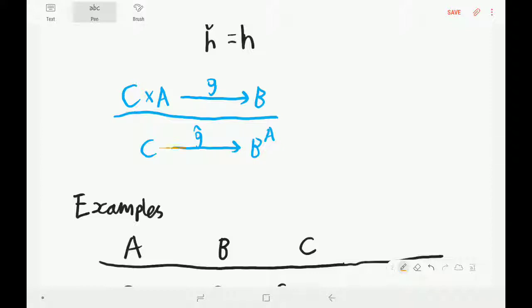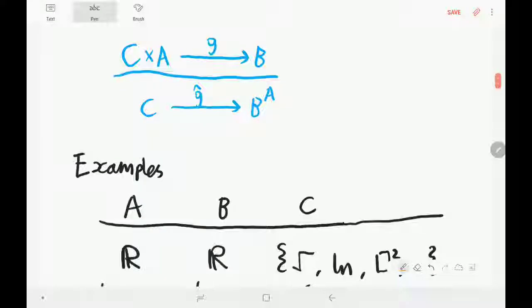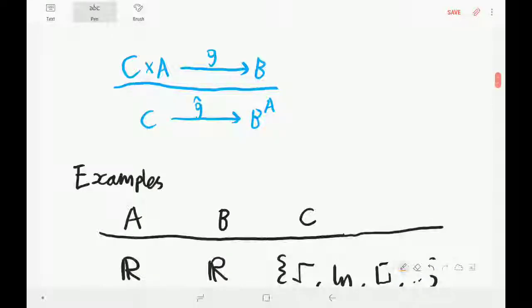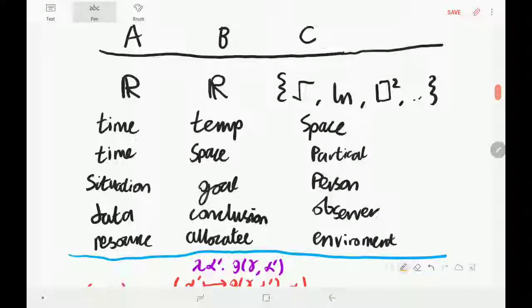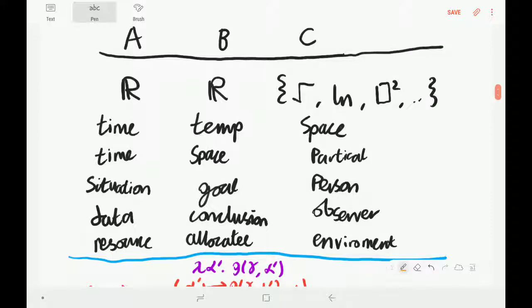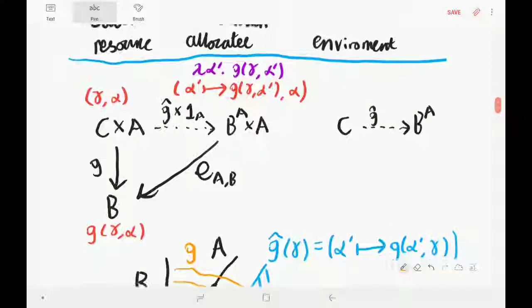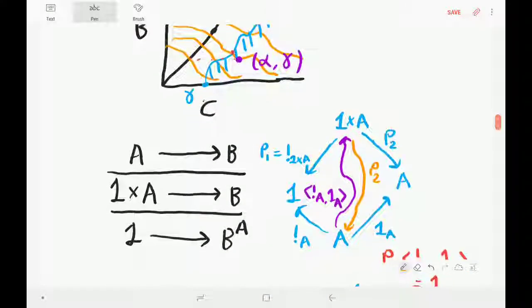And that would be equivalent to this map here, which takes a particular environment and gives us a map from the resources to the allocatees, the people who might get those resources. Okay, so there are a few real world connections.